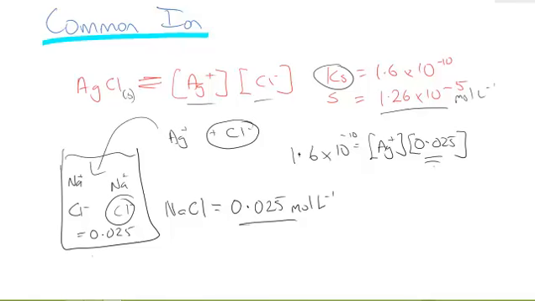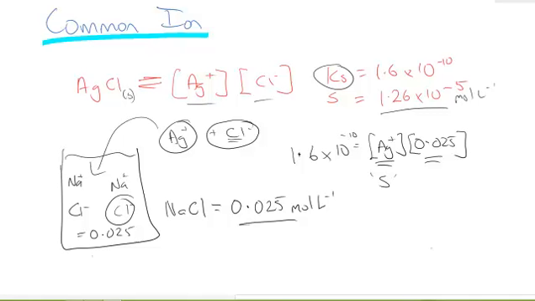But we can ignore that little bit more that we're adding here because it's such a very, very small number. Okay? So it's one of those things that doesn't really affect it. So what we're really trying to work out is how much of this will dissolve, and we end up working out the concentration of the silver ions that go in, and we say that's going to be the new solubility.